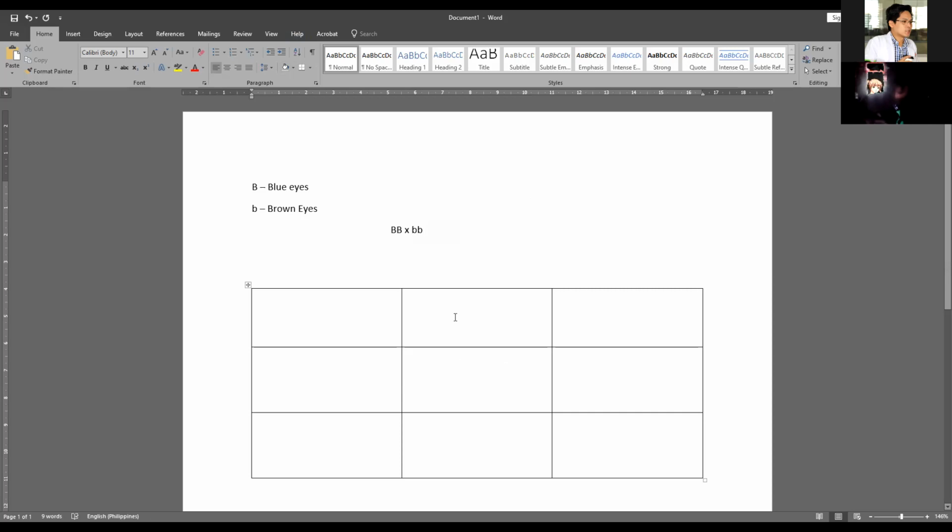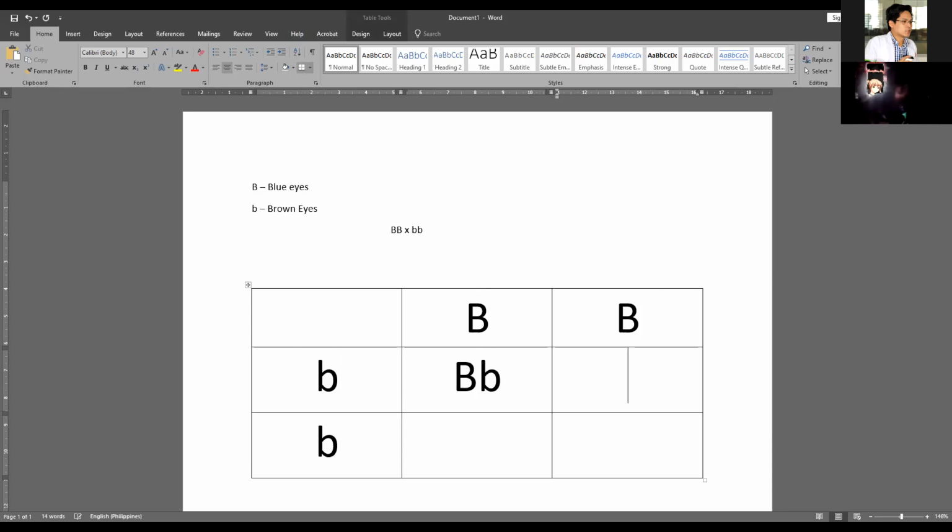So if you're going to look at the results, this is for male and female. The results are they're all heterozygous blue eyes. Correct?